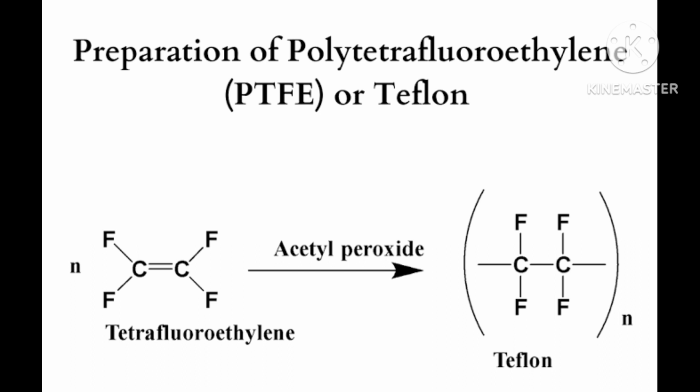Now high density polythene. Again the reaction will be the same, only the conditions you have to maintain. Here also you are using ethene. It is formed when addition polymerization of ethene takes place in a hydrocarbon solvent.